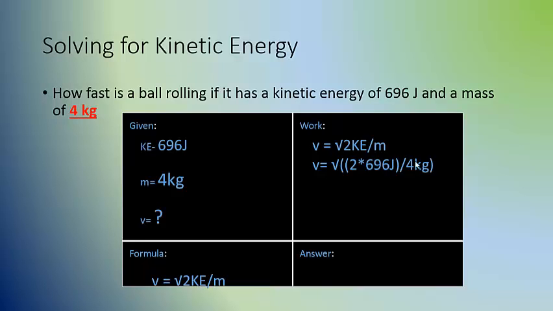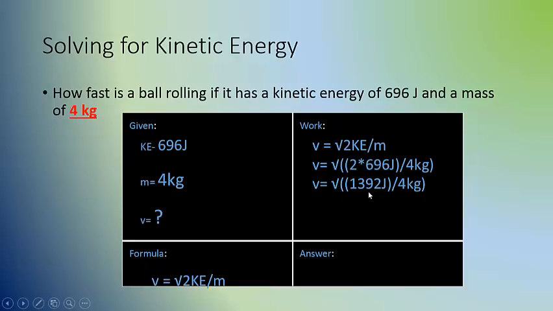So the first thing we would do is our inner parentheses, which would be 2 times 696 joules. That would get us 1,392 joules, and we still keep that in our parentheses, and we are now going to divide 1,392 joules by our 4 kilograms, because that's our next step in the order of operations.